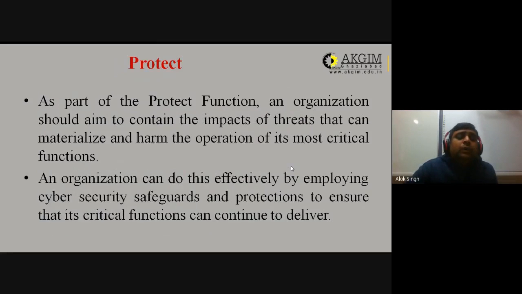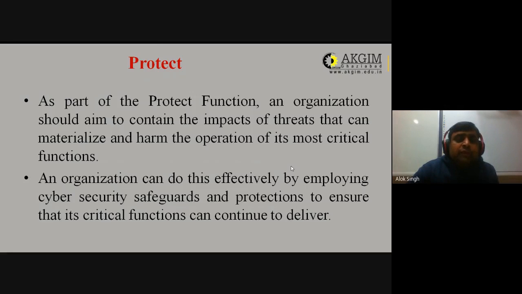Okay. Next is protect. As a part of the protect function, an organization should aim to contain the impact of threats that can materialize and harm the operation of its most critical functions. Okay, so an organization can do this effectively by employing cybersecurity safeguards and protections to ensure that its critical functions can continue to deliver.